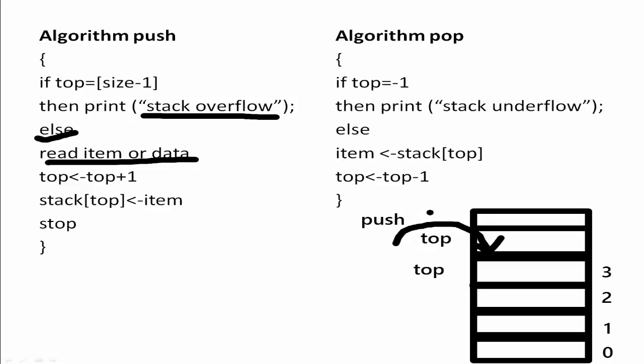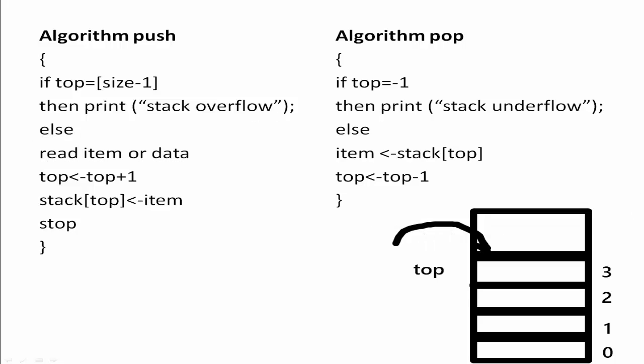So next one is the pop operation. In the pop operation, what we are going to do is check if top equal to -1. So initially you will be having top equal to -1.